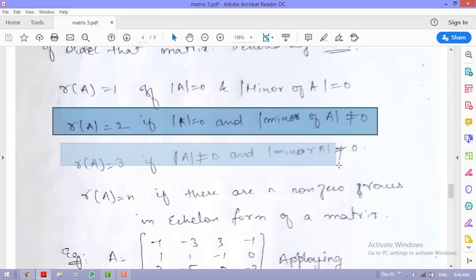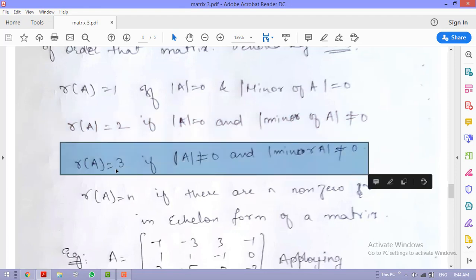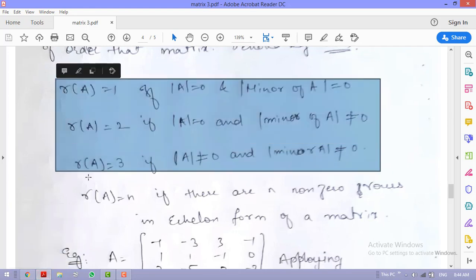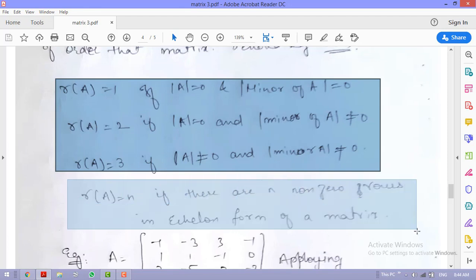And at last, when will the rank of a matrix be equal to 3? It will be only if the determinant of the complete matrix is not equal to 0, then you can consider that the rank of the matrix is 3, right? So this you can apply to any order of a matrix, but I wrote here rank of A is equal to n.